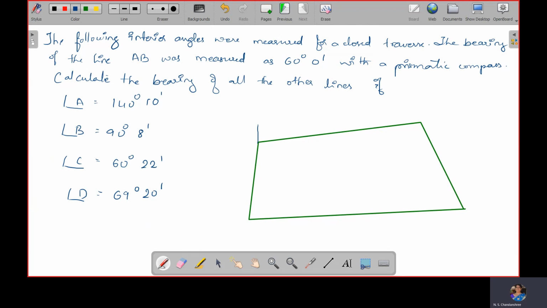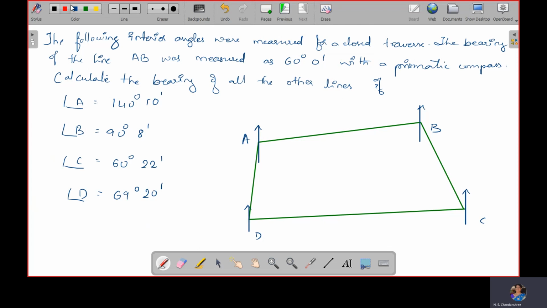Similarly, we'll mark north here. Okay. So now we'll name this as A, B, C, and D. Now, what is the data given to us?